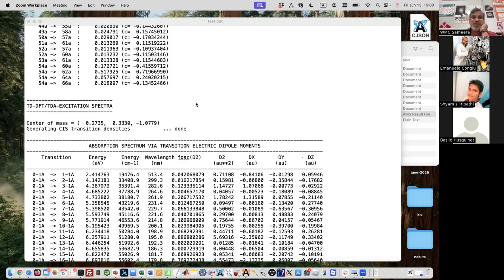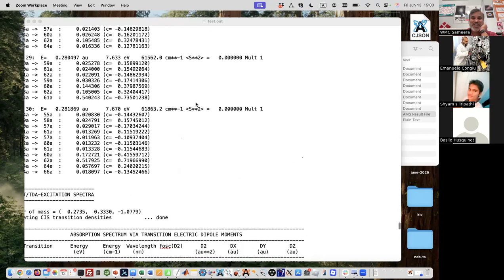I'm not really sure I fully understand it, but let me see. So you have the ground state potential energy surface, and then you excite. You said this is a neutral molecule.